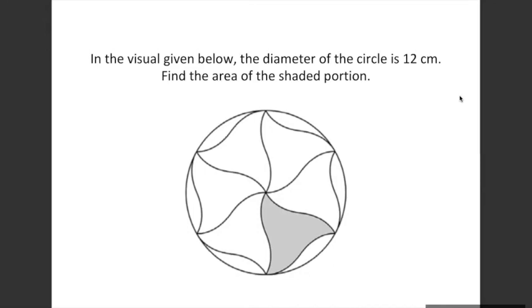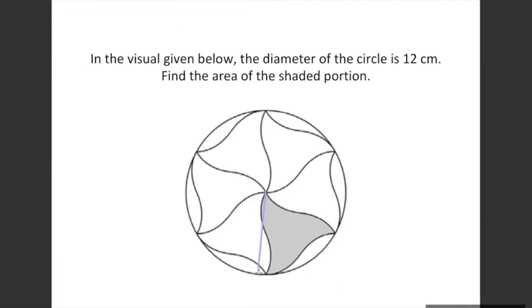It would be the area of the equilateral triangle. Yes, that's correct. It will be the area of the equilateral triangle. Now, which equilateral triangle? Who said this? Yes. Okay. Thank you, Aneri.